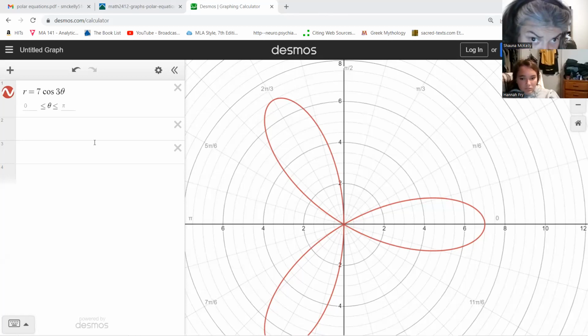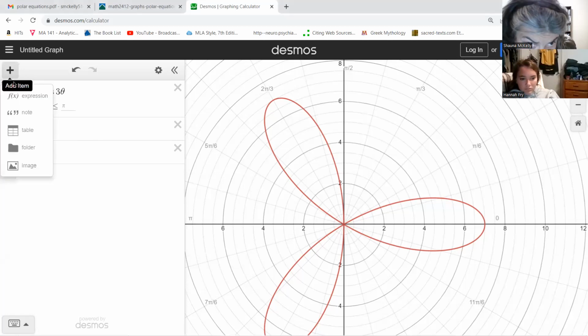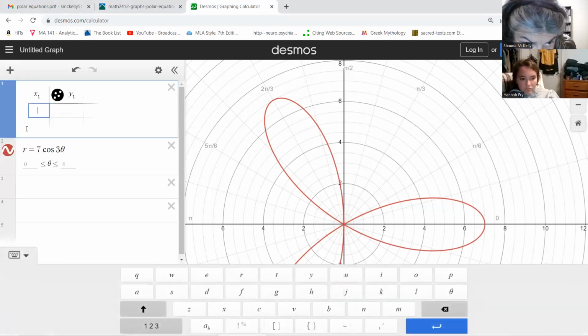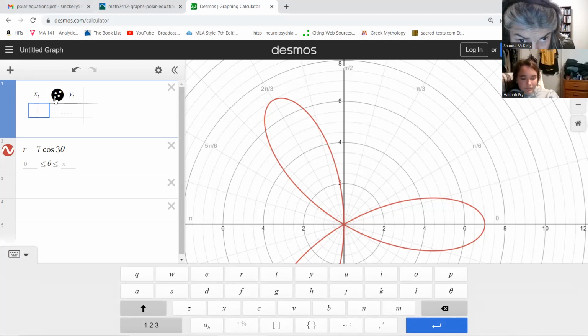Let me put a table on the screen, because there's no reason why you couldn't do this. It's going to say X and Y, so you have to bear with me, but this is going to be 0, right? And you have to multiply; this is your 0 degrees.